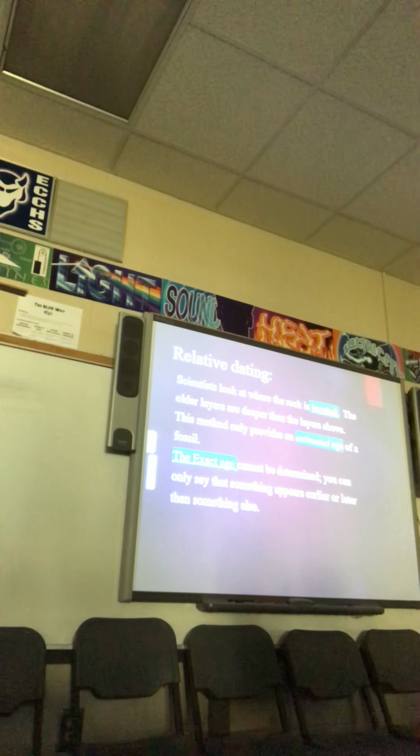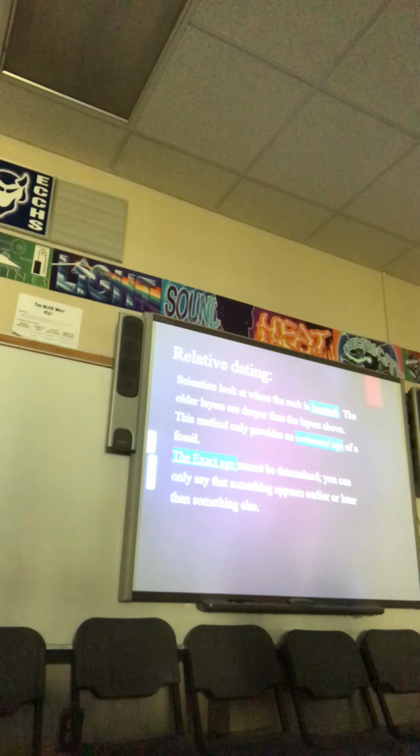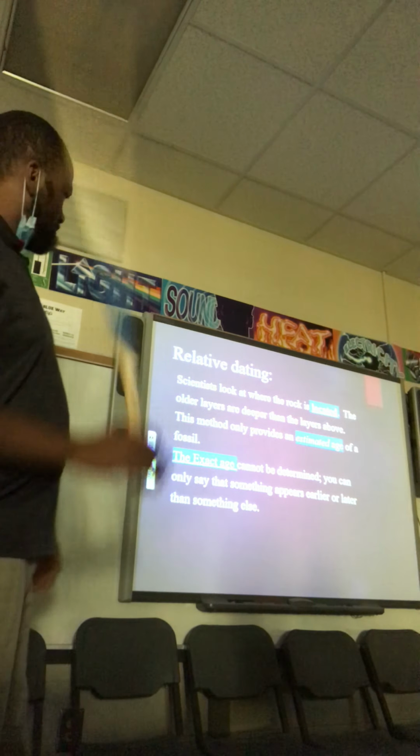Striation means horizontal differences. So your rocks essentially look like this, and each one of these, like the rings of a tree, is a different date than the last. You've seen where they do core samples, and they dig down and pull up the core samples, and you see the layers. That's how they can determine relative age.